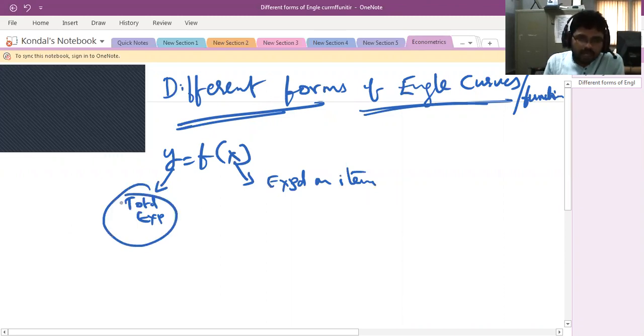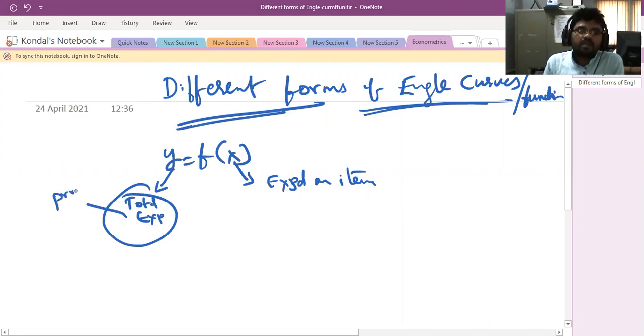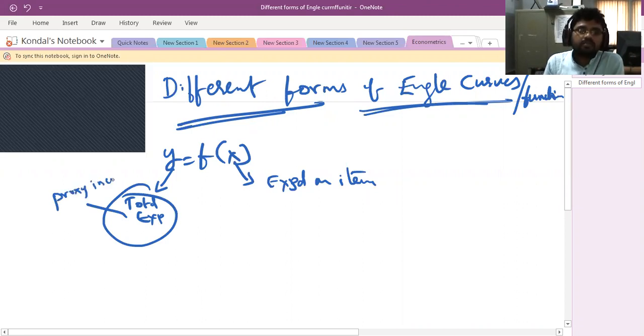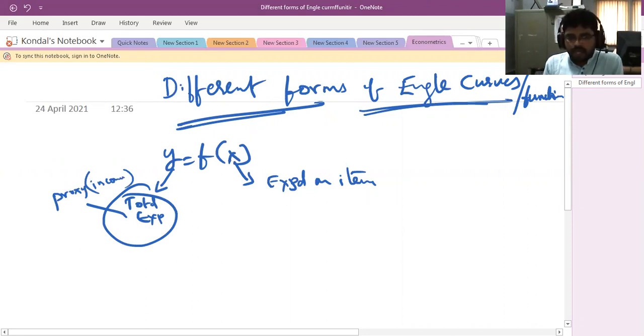So the total expenditure is nothing but a proxy for income. Here this is income, and this is the expenditure on the item.